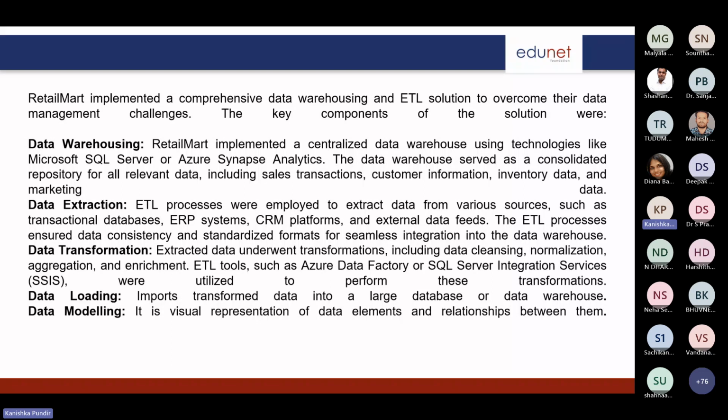It is basically a visual representation of data elements and the relationships between them. I will show the data modeling, how it is done, how the entities, the attributes and the relationships are there, with the help of the tool Erwin after this presentation.